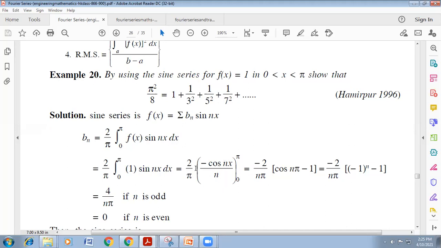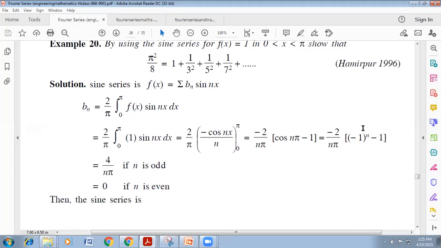Putting the upper limit in place of x, we get cos n pi, and minus, putting the lower limit 0, cos 0, which is 1. So we get cos n pi equals minus 1 to the power n, and minus 1. This can be written as: when n is odd, we get 4 by n pi. When n is even, it becomes 0.